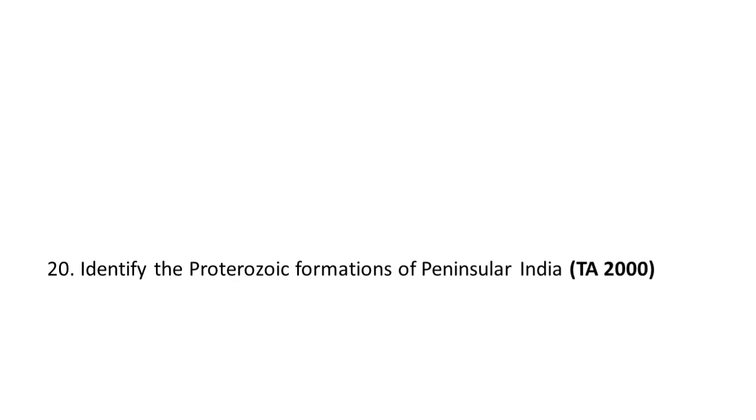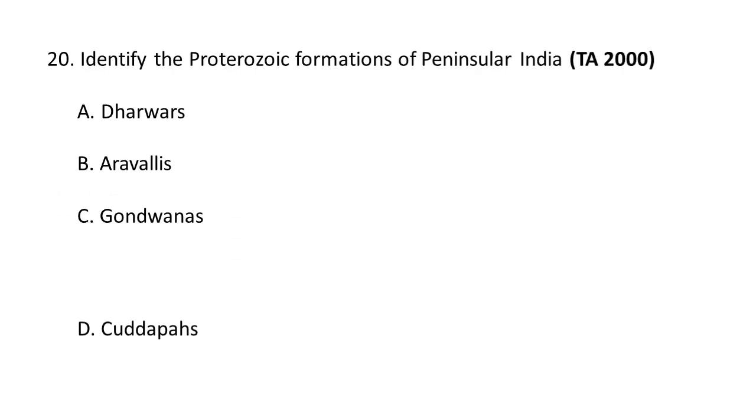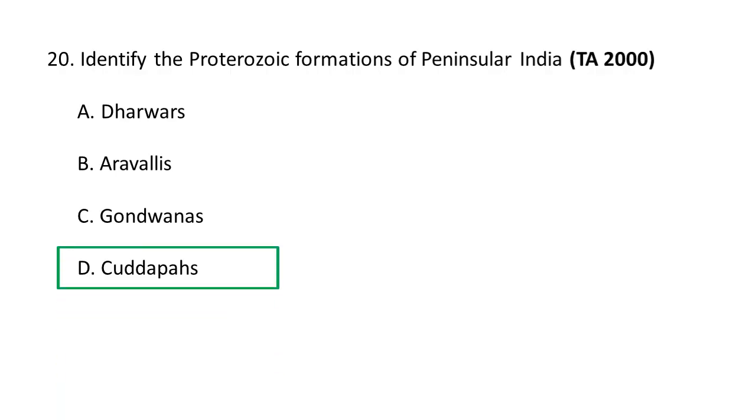Next question. Identify the Proterozoic formations of peninsular India. A. Dharwars, B. Aravalis, C. Gondwanas, and D. Kadapas. So the correct option is D. Kadapas. Kadapas are the Proterozoic formations of peninsular India. The Kadapa basin is a crescent-shaped basin in southern India, covering an area of 44,500 square kilometers, and it is one of the largest intracontinental basins in India.